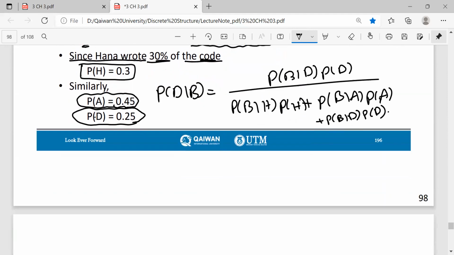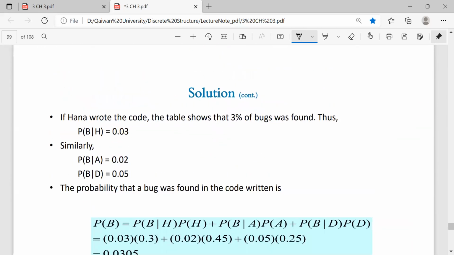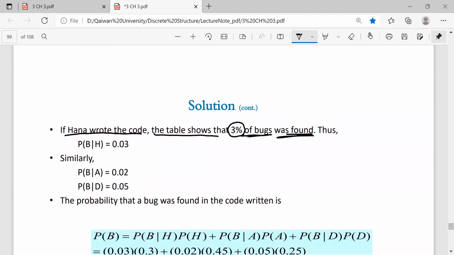Now, to find the probabilities of B given D, B given H, and B given A. We say if Hannah wrote the code, the table shows that 3% of the bugs were found. That means the probability of B given H is 0.03, since it's 3 of 100, 3%.